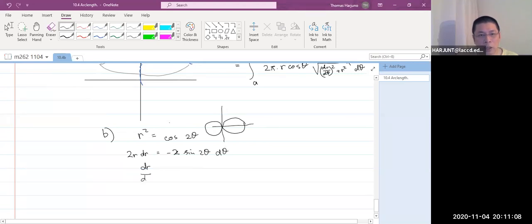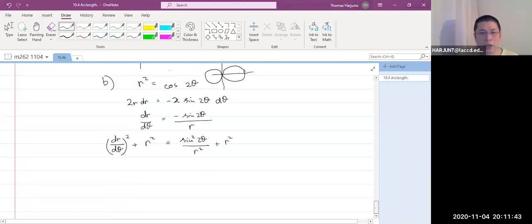dr d theta equals negative sine 2 theta over, let me keep it r. So (dr d theta) squared plus r squared will be sine squared 2 theta over r squared plus r squared. Now I can really just change that r squared into cosine 2 theta.